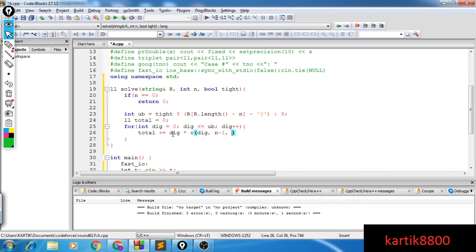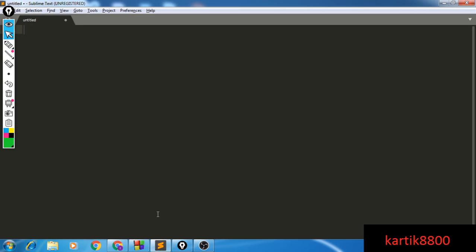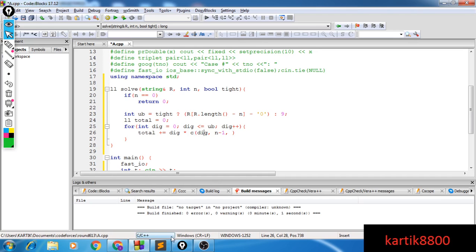So this thing here, yep, I'm interested in what is the count of numbers, CNT, having exactly n minus 1 digits, and do I need to pay regard to R or not?